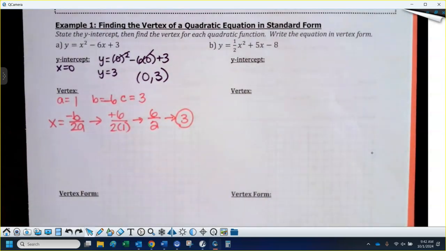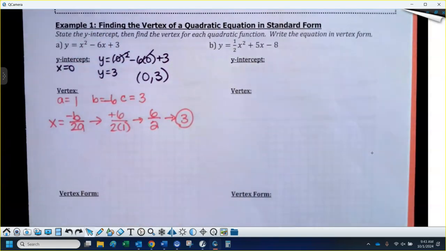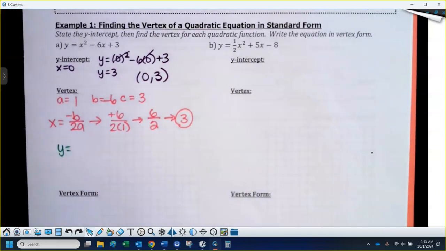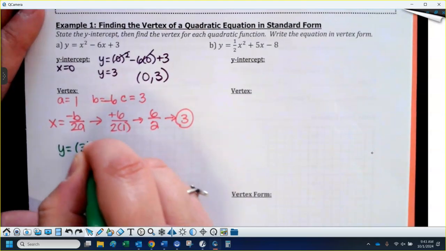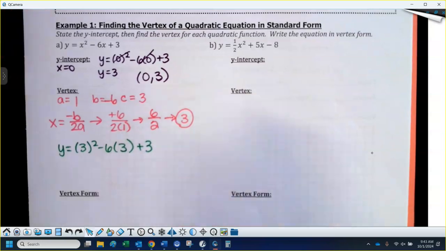Now, all you're going to do to find the corresponding y-coordinate is plug this into the quadratic equation. Plug it in like a Glade air freshener, okay? So I'm going to plug in everywhere I see an x. We know the x-coordinate of the vertex is 3. I just need the y-coordinate, so we're going to plug in a 3 everywhere we see an x. So we'd have 3 squared minus 6 times 3 plus 3, lots of 3s in here. This is where I would maybe grab my calculator.